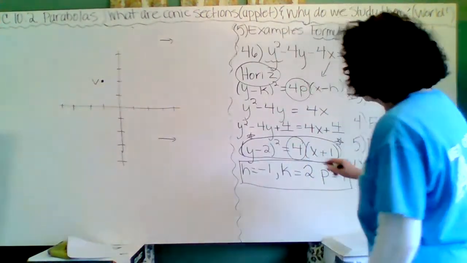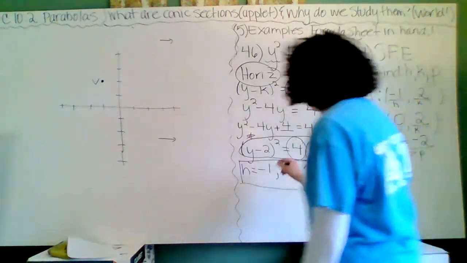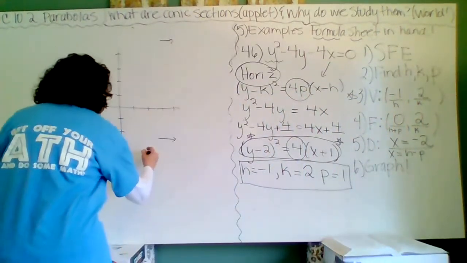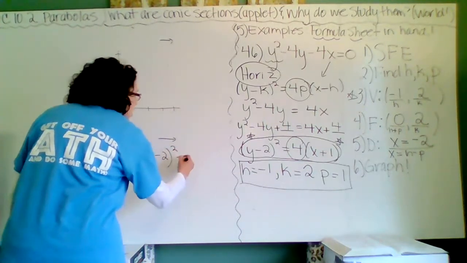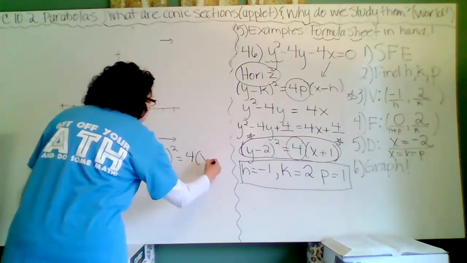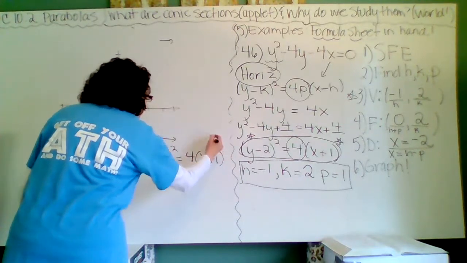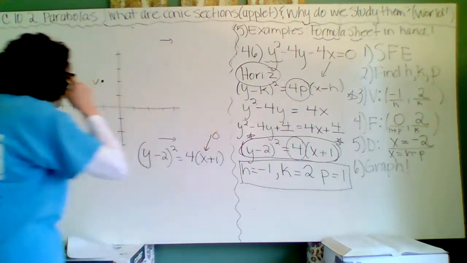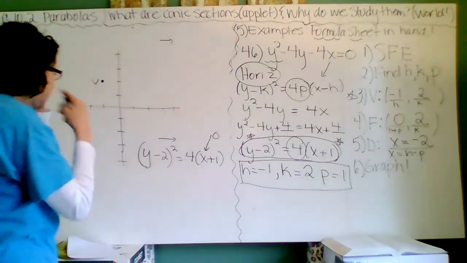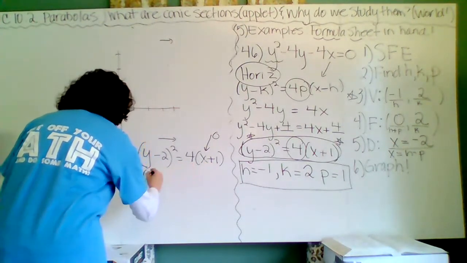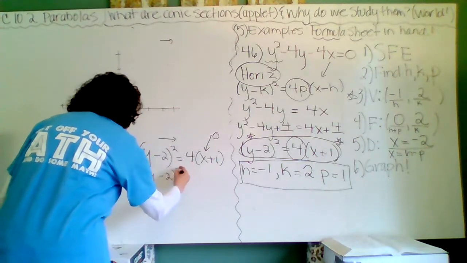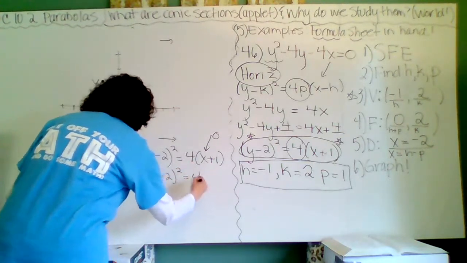So let's take a look. I'll write my equation here, y minus 2 squared equals 4 times x plus 1. And we're going to put in 0 for x because that will give us our y-intercepts. Notice that this would be 1 times 4, so this would be y minus 2 squared equals 4. Okay.